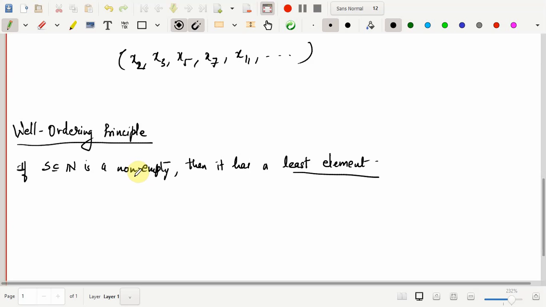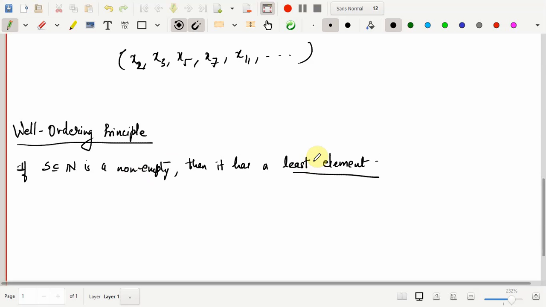This observation is very clear to everyone, and so this is considered an axiom or principle. Basically, what we mean by a least element is a lower bound which is contained in the set itself. Now we know that the set of natural numbers itself has a least element, right?